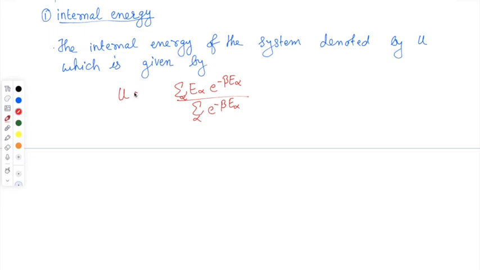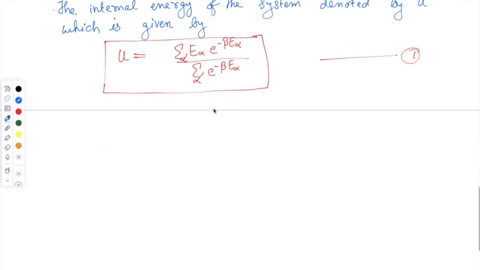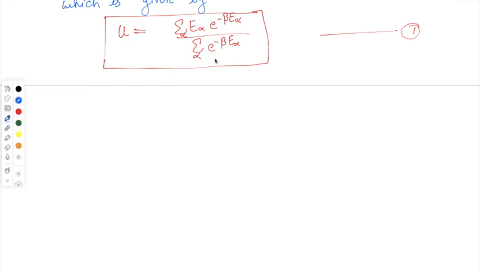Let's say this is equation 1. See, the denominator is simply the partition function.